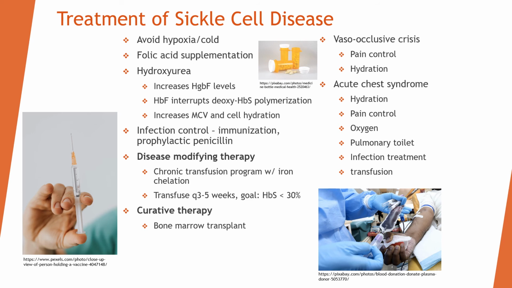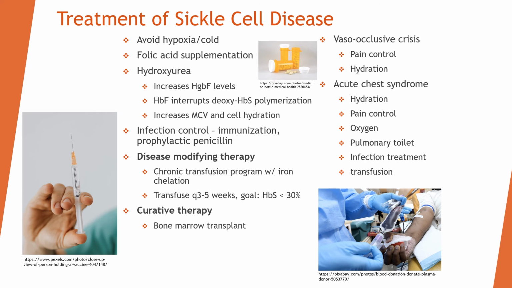Infection control with regular immunization and prophylactic penicillin is another treatment option. Disease-modifying therapy includes chronic transfusion program with iron chelation to flush out and replace the sickle cells with healthy RBCs.